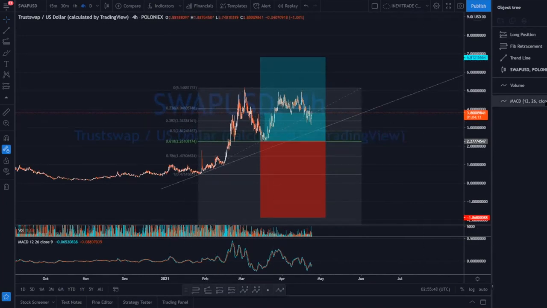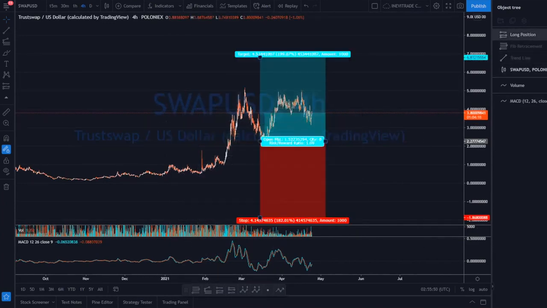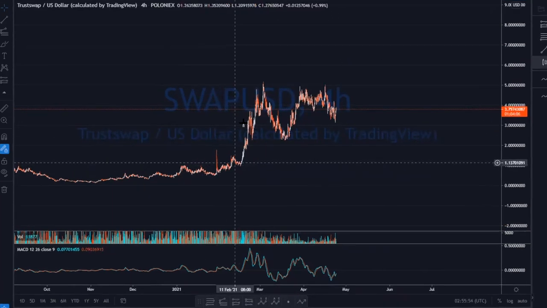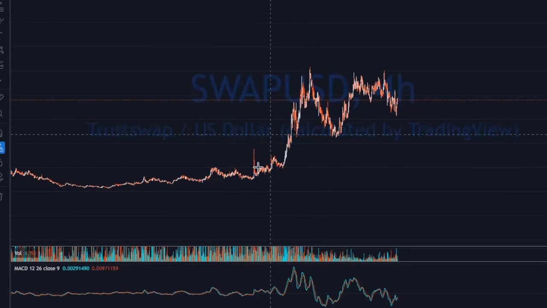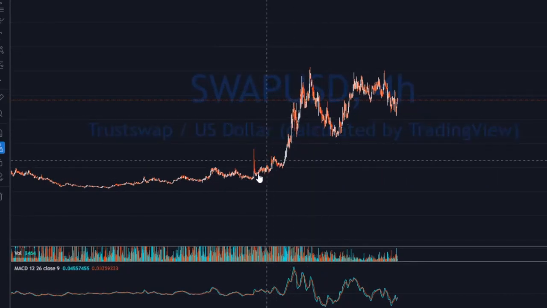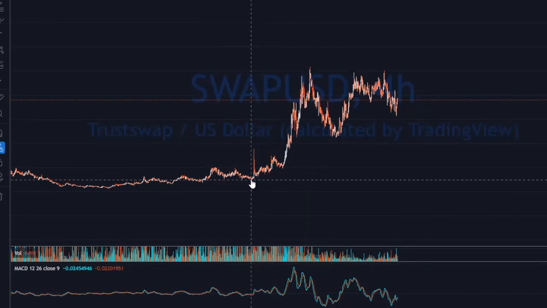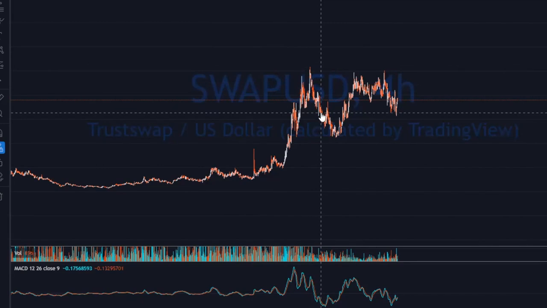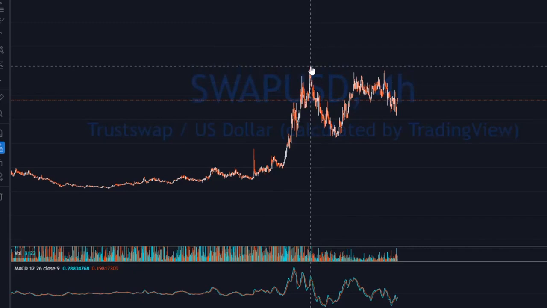I'm going to take all the drawings off for a second. Right here we have a surge in market participation where the price has drastically increased and broken over a range. This is the area where the trend started, and this turns out to be the peak. Once we see the price action pull down a little bit, this is clearly the peak.